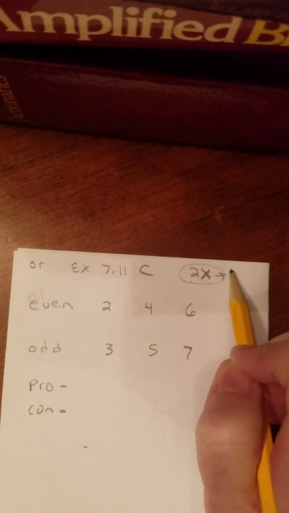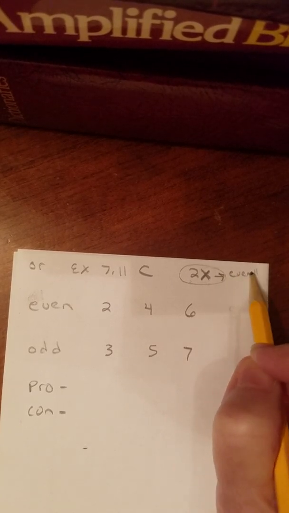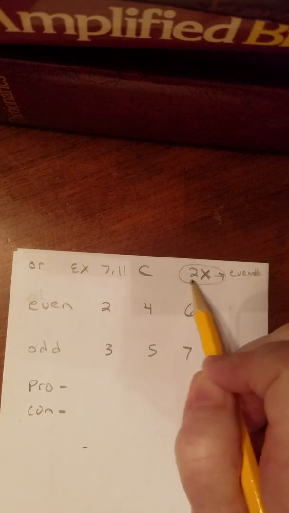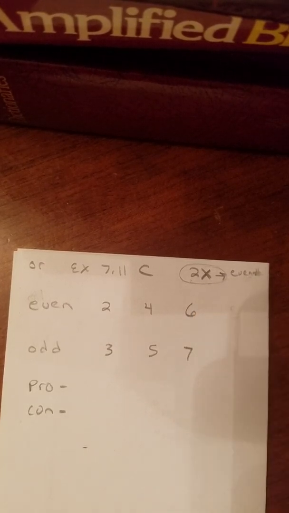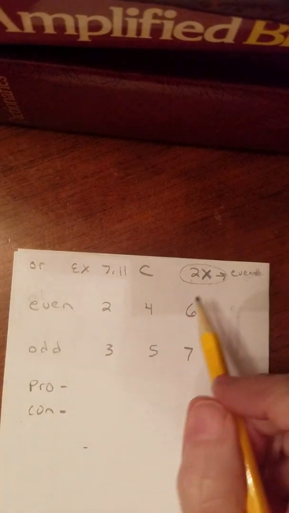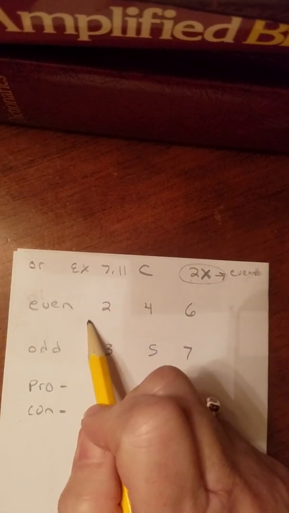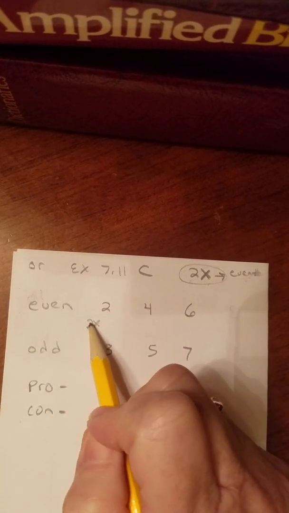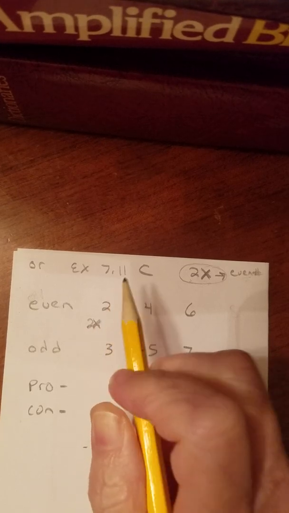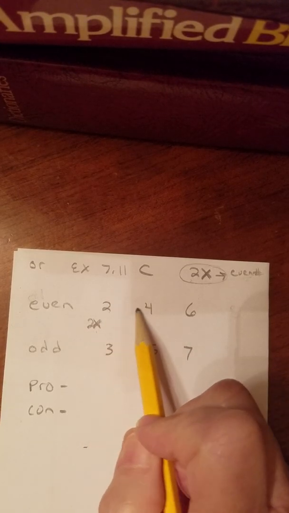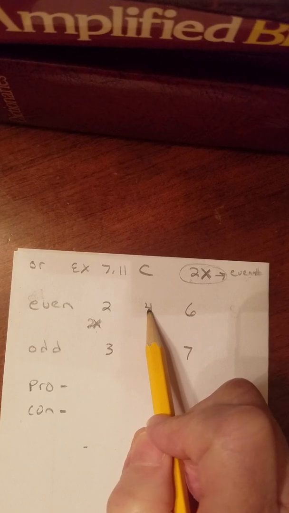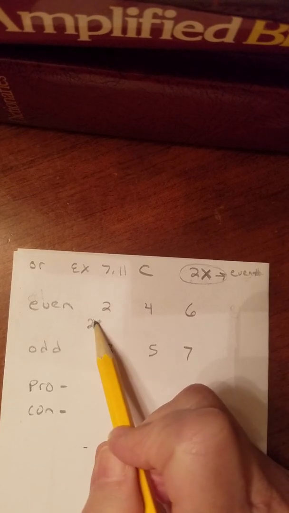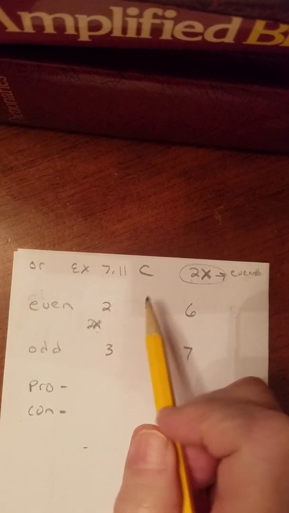So if this 2x represents the 2, to go from 2 to 4, I'm adding 2.